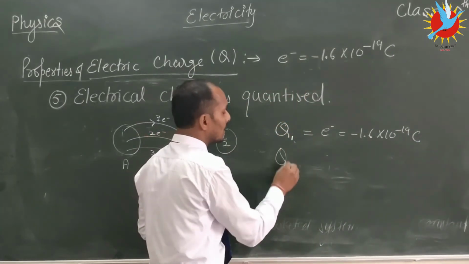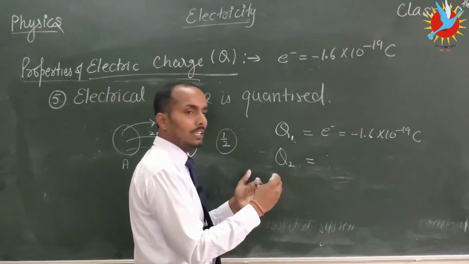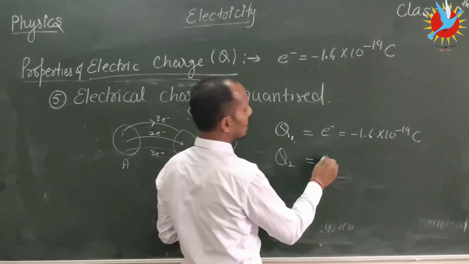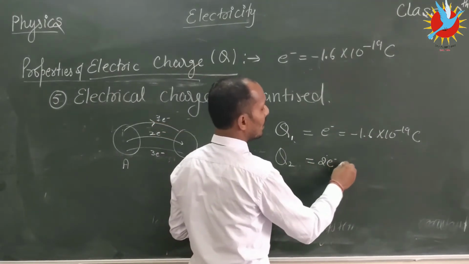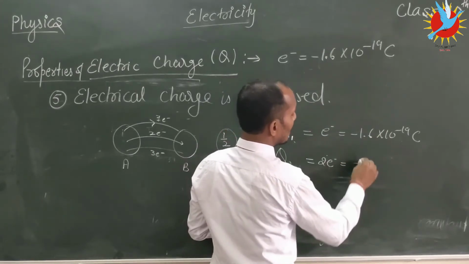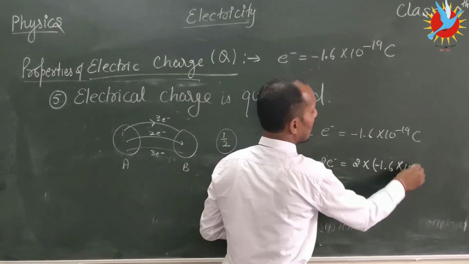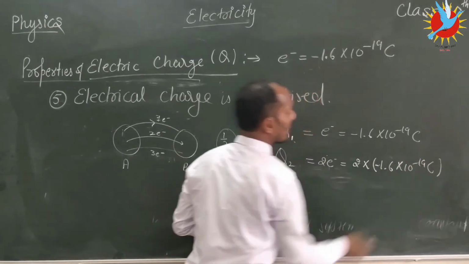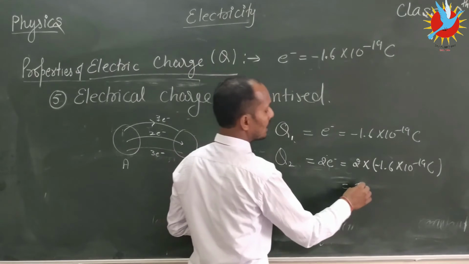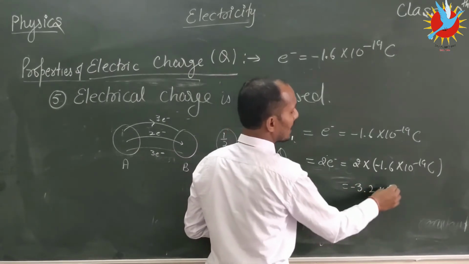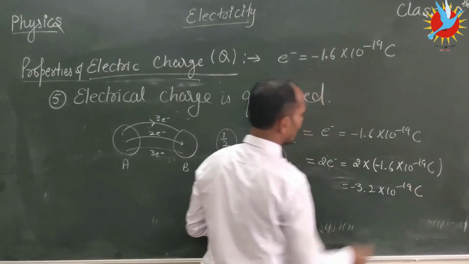If two electrons are transferred, then the value is 2 into minus 1.6 into 10 raised to power minus 19 coulomb. It means minus 3.2 into 10 raised to power minus 19 coulomb.